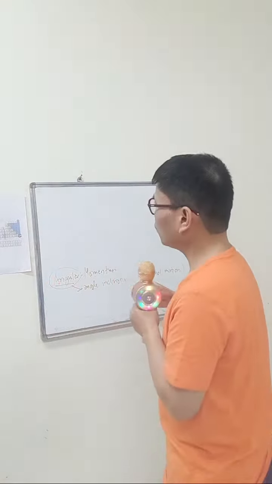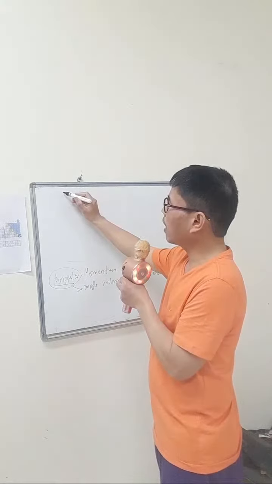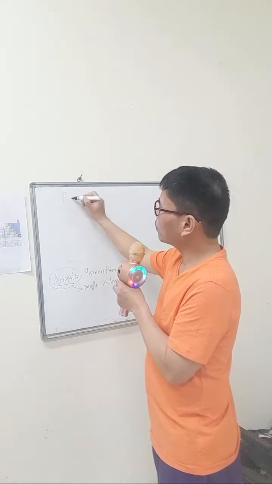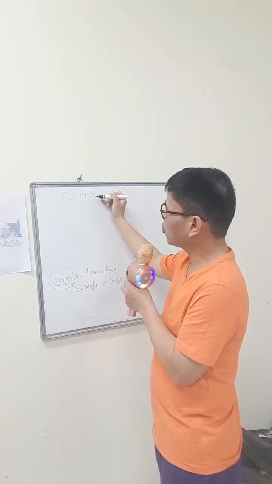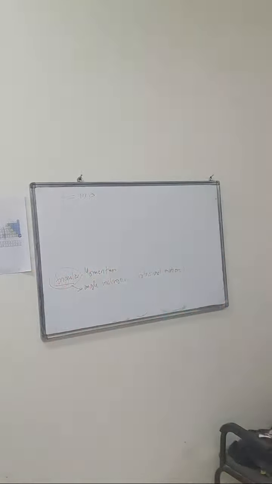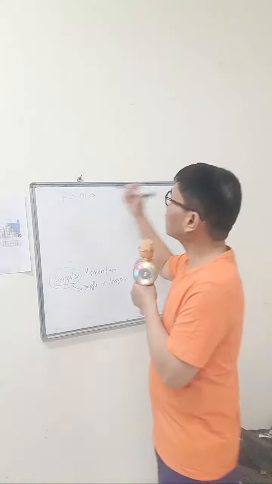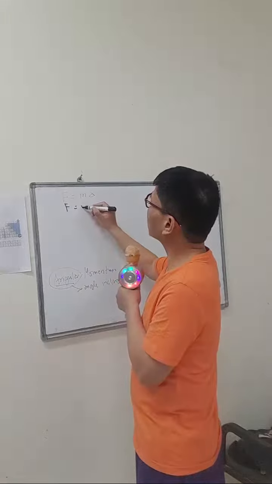So how can we do that? Okay, so for example, the second law of Isaac Newton, force is equal to mass times acceleration. Okay, so force is equals to mass times acceleration.